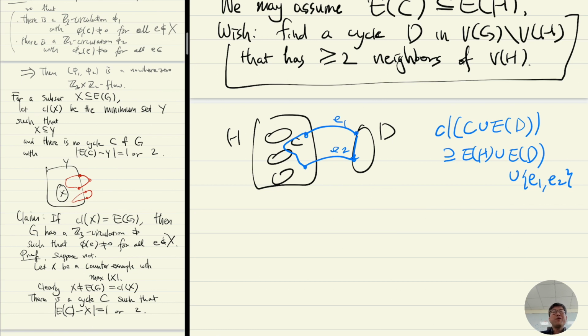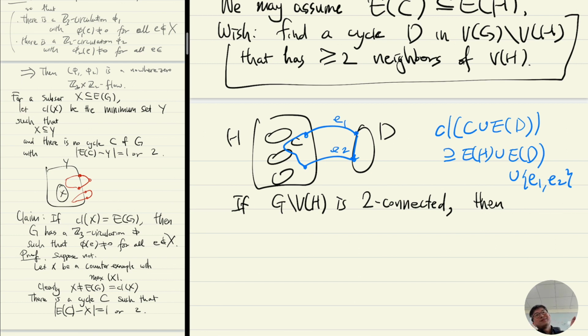Now, that's where we're going to use the degree conditions. Every vertex has degree 3. All right. Now, if G delete V of H is 2-connected, then what can I say? This is the simpler case, right?